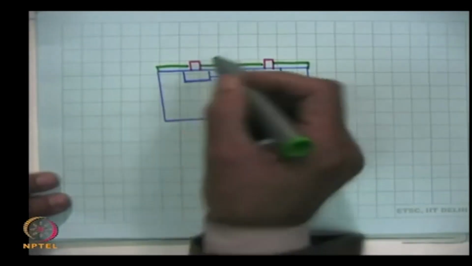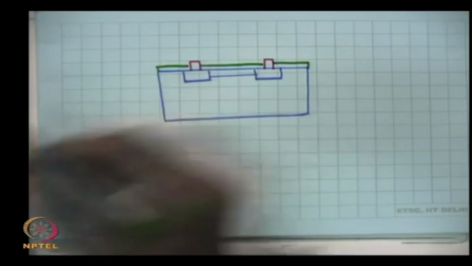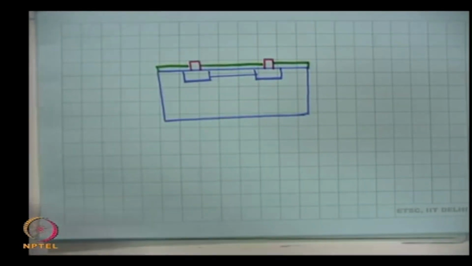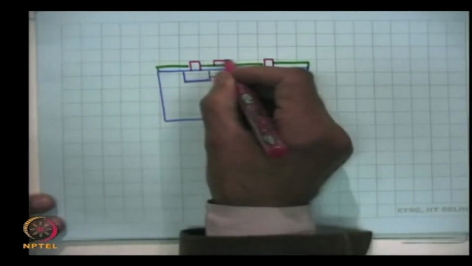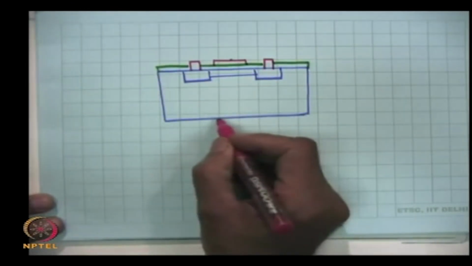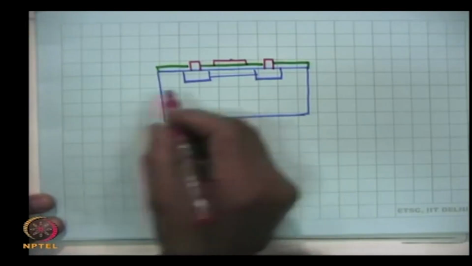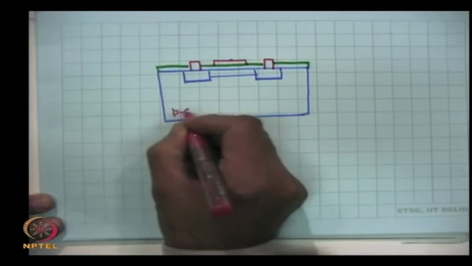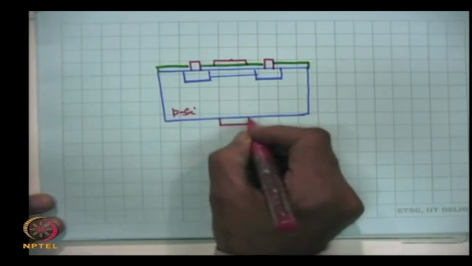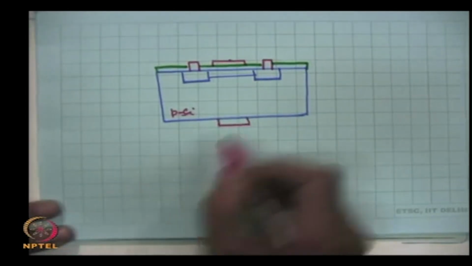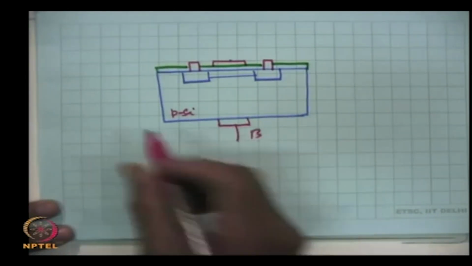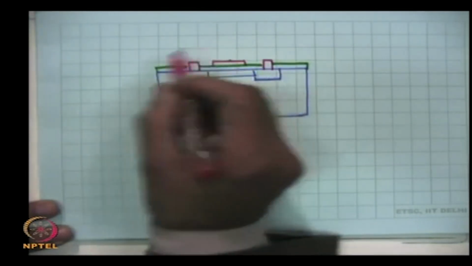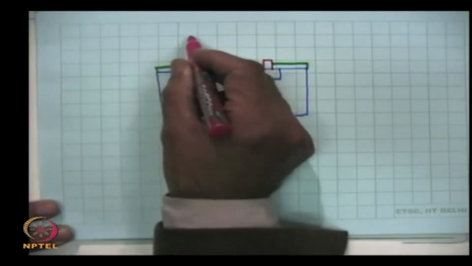This is oxide, and here is the gate electrode, and this is the semiconductor which is P silicon, and here is the body B, which is internally shorted to the source.